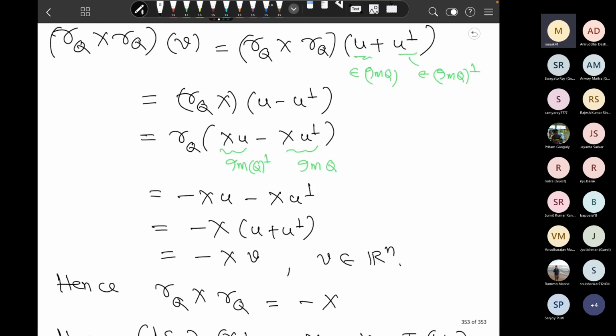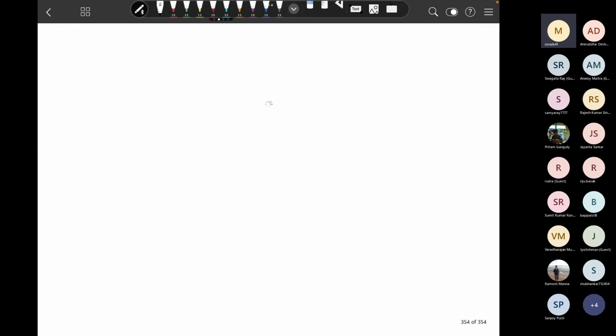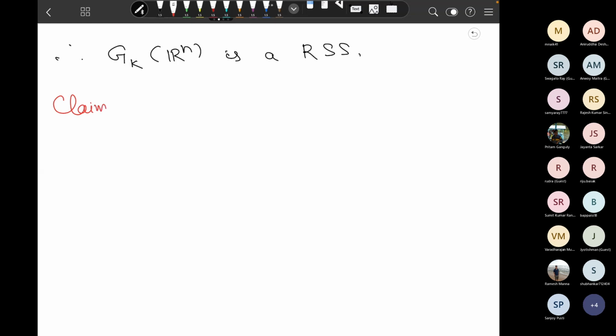This implies that W_K is a Riemannian symmetric space. So this implies G_K(R^n) is a Riemannian symmetric space. Okay, and I want to prove this claim about T_Q. Okay, proof of the claim.